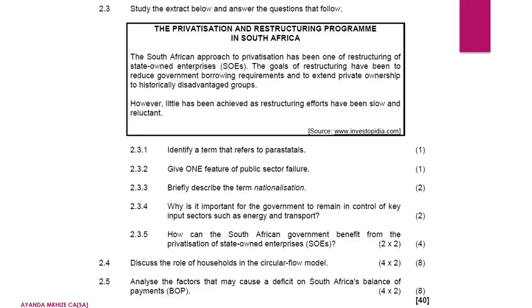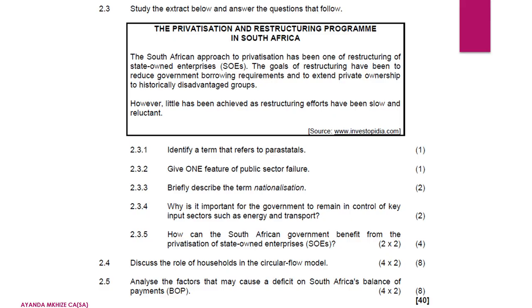Okay, again, the reason they would like to stay in control is because key inputs like energy and transport are crucial for several reasons, including ensuring affordability, accessibility, and equitable distribution of essential services, promoting national development, and mitigating potential negative impacts like market failure and monopolies.